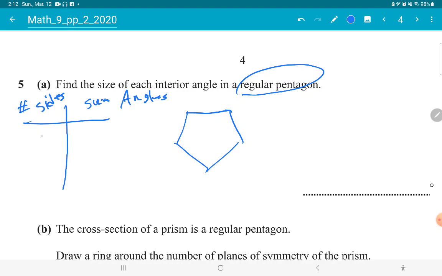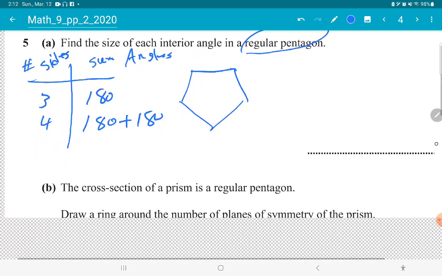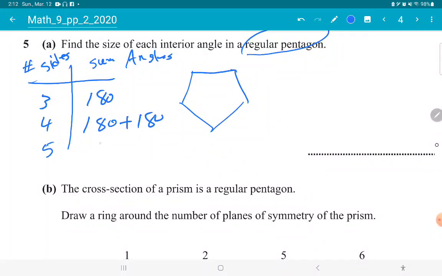Lowest is triangle, so 3. Here we have 180. 4 is 180 plus 180. Okay. 5 it's 180 plus 180 plus 180, so it's 3 times 180. And then divided by 5. So the answer will be 3 times 180 over 5. You get the answer.